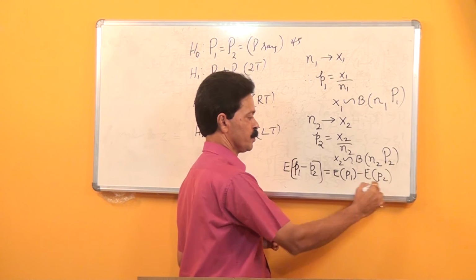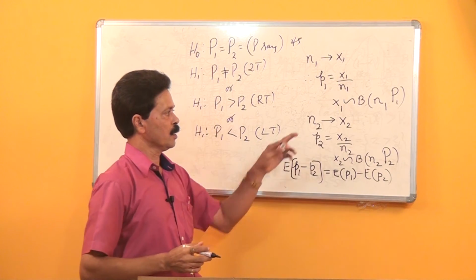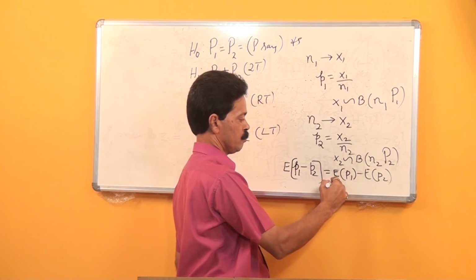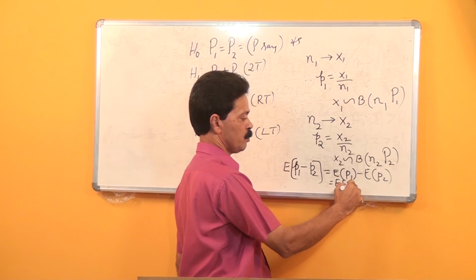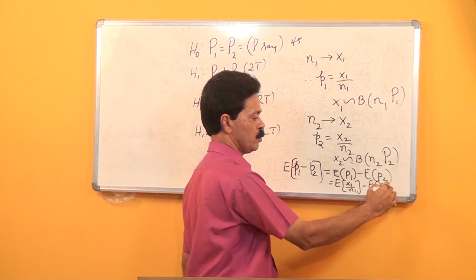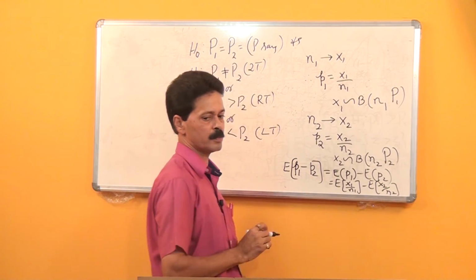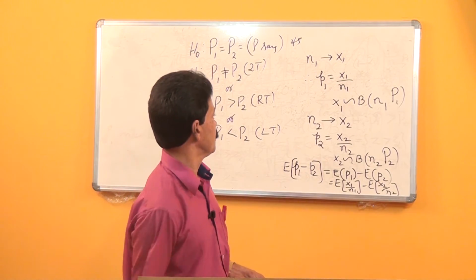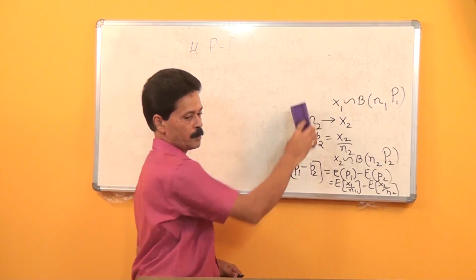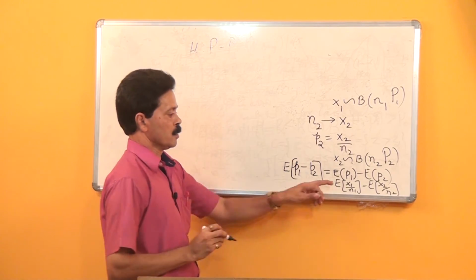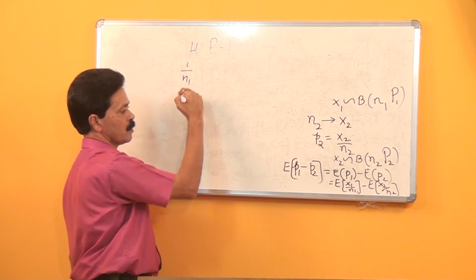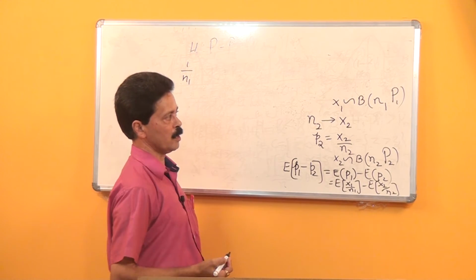As you know, expected value of p1 means expected value of X1 by N1, and similarly expected value of X2 divided by N2. E of X1 by N1 is 1 by N1 into expected value of X1.